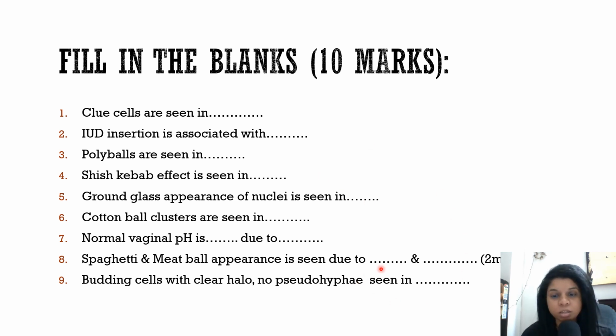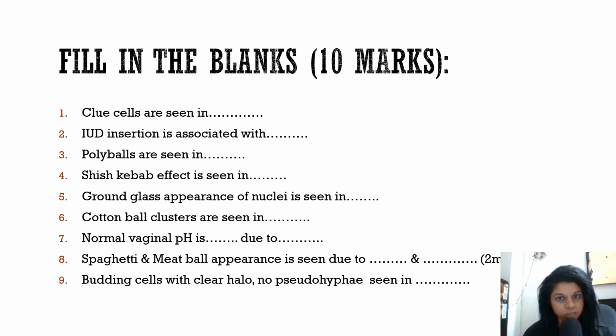Ten marks here, I have given 2 marks. And then, budding cells with clear halo and no pseudohyphae is seen in. This is a little bit tough question. For every exam, you will have some tough questions.